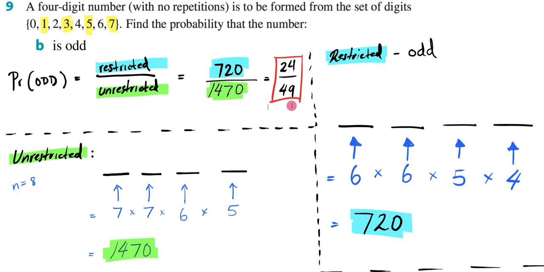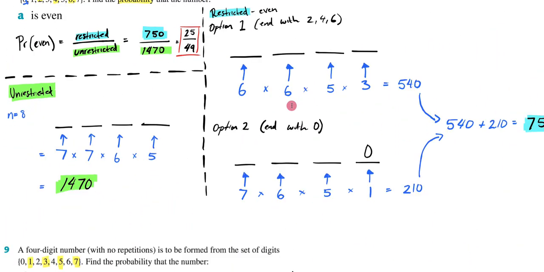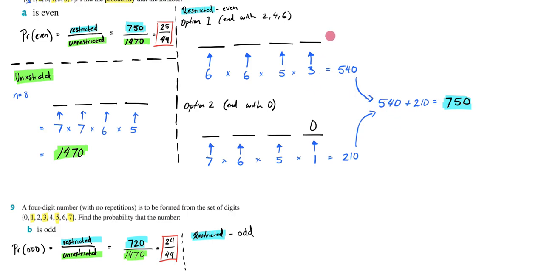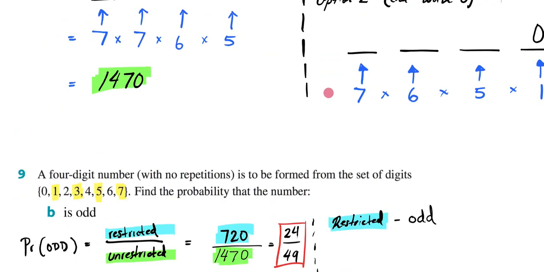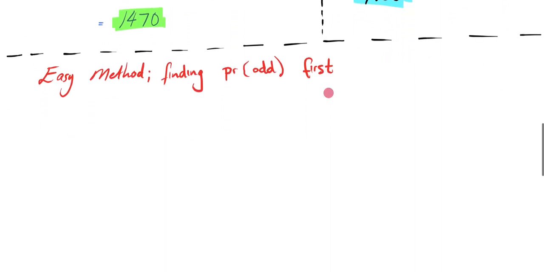Now, as I said before, if you had hindsight and realized you were going to have that difficulty with the 0 on the end, and all this trouble finding the probability of the even, what you could have done is this. This is what I'm calling the easy method.